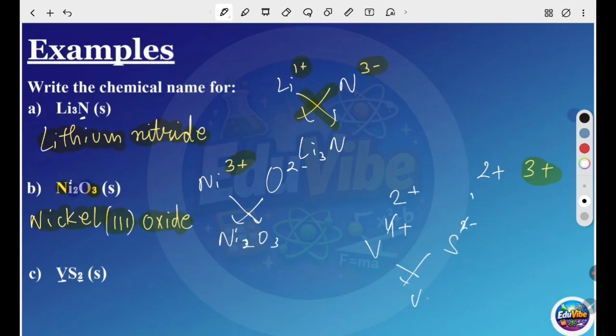That's why we made VS2. So we write vanadium sulfide. But for vanadium we have to write the Roman numeral IV, because we know now about the 4 positive. So we have to write this.